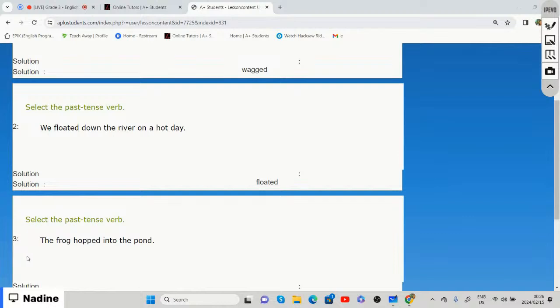And the frog hopped into the pond. We need to select the regular past tense verb.